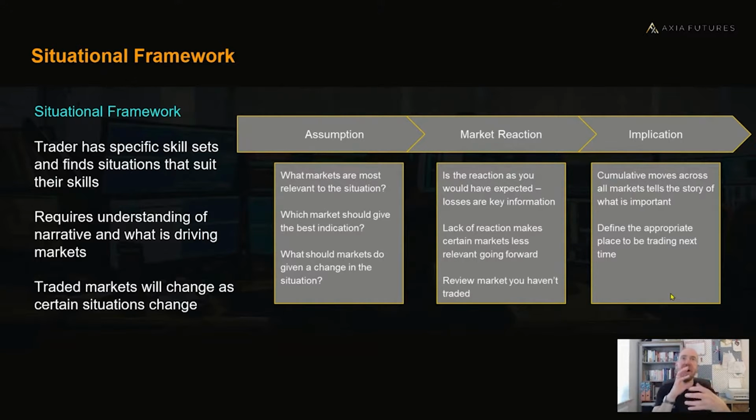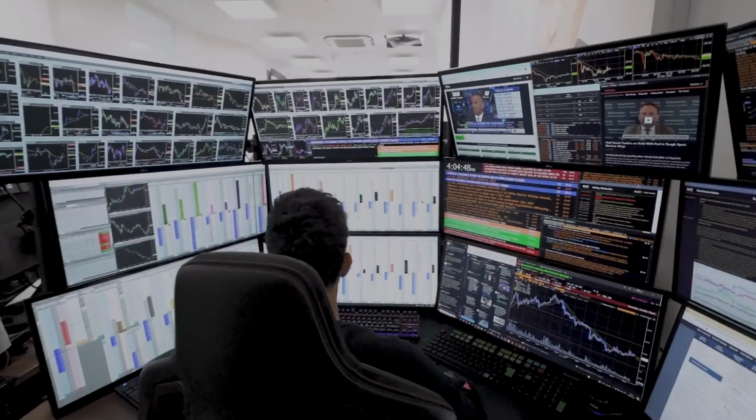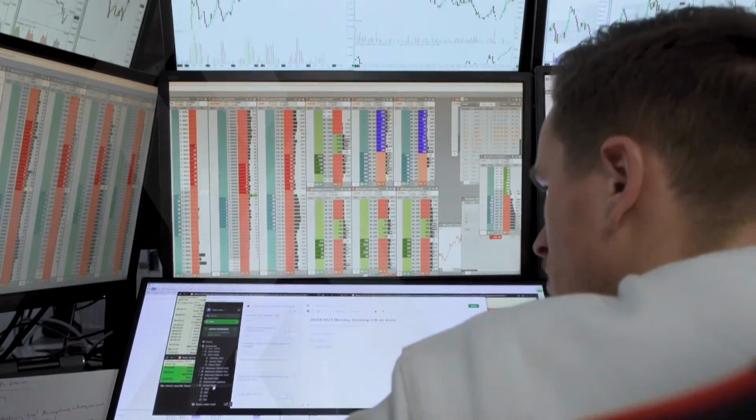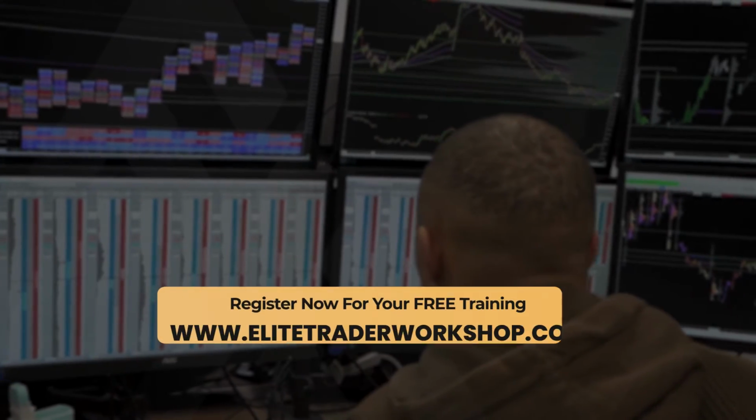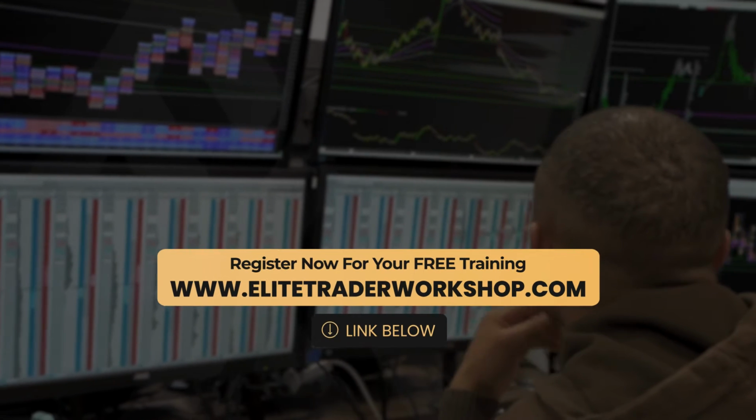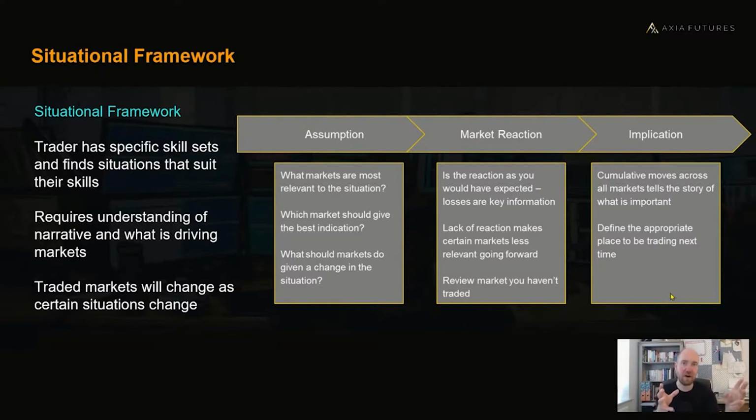You can sort of go, right, I know what this now means. My skill set is geared towards this much more volatile directional move, and now I know what to do about it because I thought this would happen. Certain markets reacted in a certain way, now I've got to trade. Real simple example of this: a risk off situation.